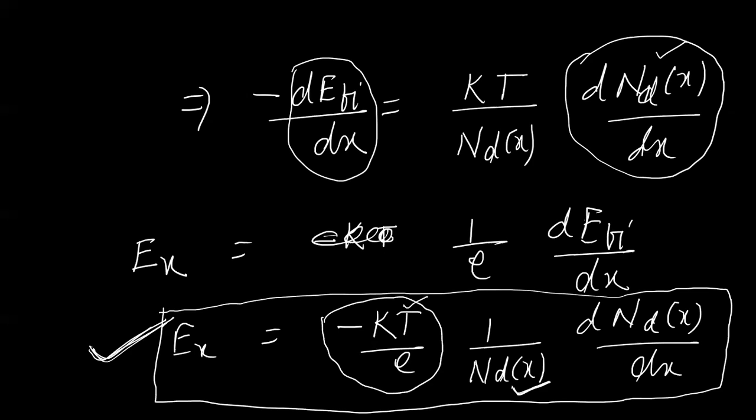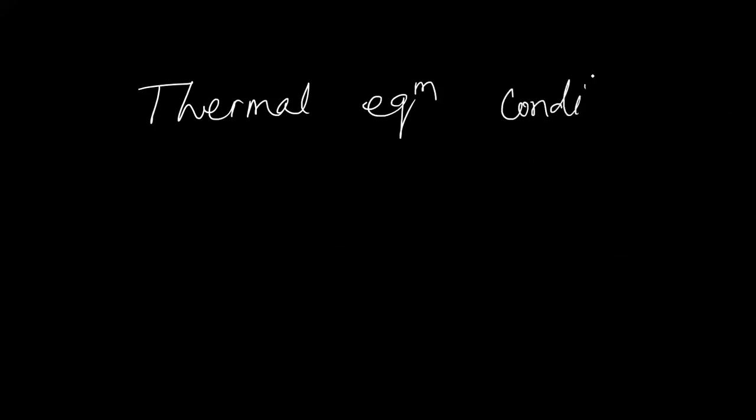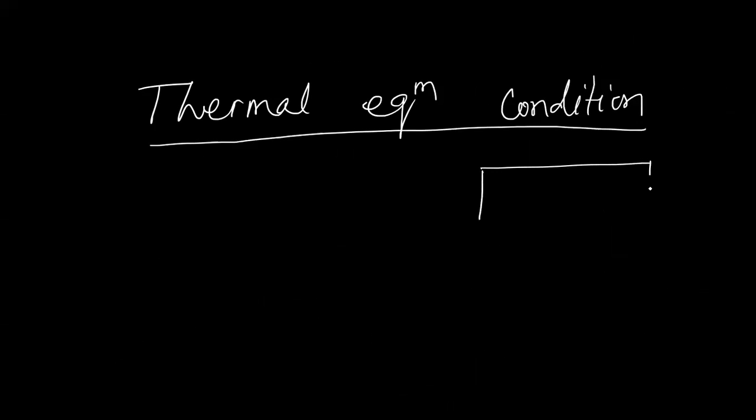Now, as we are discussing the thermal equilibrium condition, when there is no external excitation, there is a semiconductor here, and this semiconductor is non-uniformly doped, right?